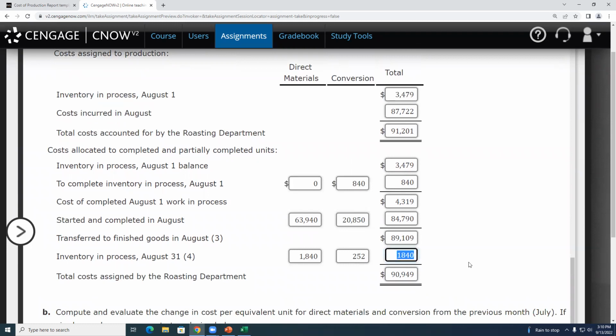Did I just add wrong? Yep, I added wrong. There we go.